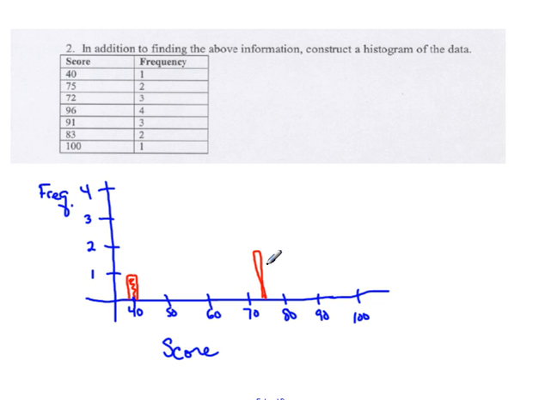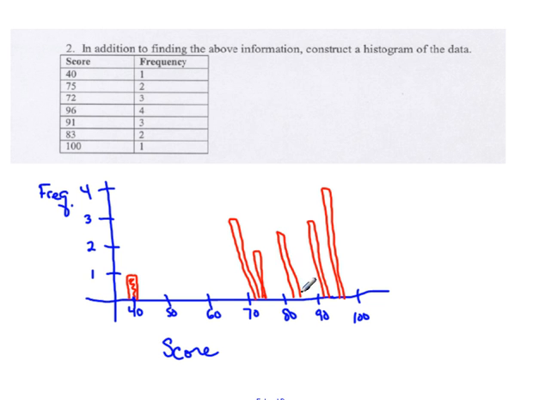and then I have 3 72s, okay, and there's 4 96s, and 3 91s, 2 83s.